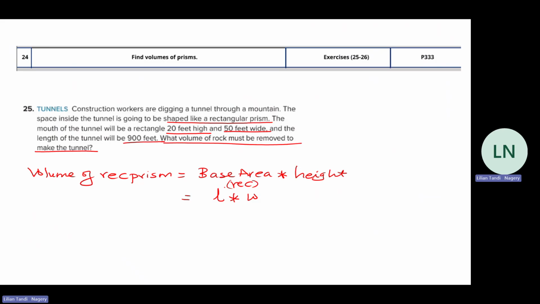So use the values that you've been given. The length is 900, the width is 50, and the height is 20. When you multiply all these numbers together, you should get 900,000 cubic feet.